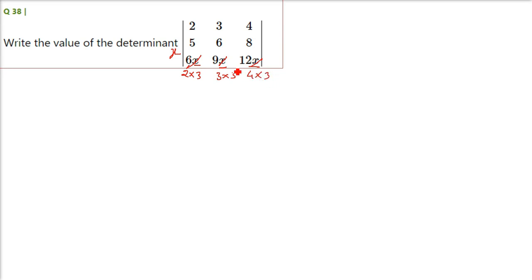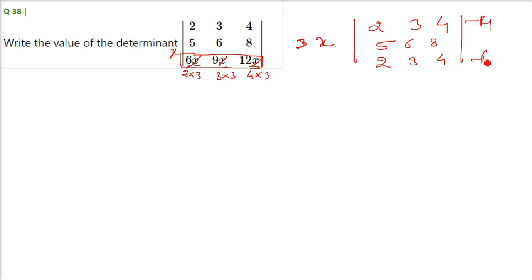So you can take 3 common from here. When you take 3 common, it will be 2, 3, 4 remaining. So when you take 3 and x common from the third row, 2, 3, 4 will remain.